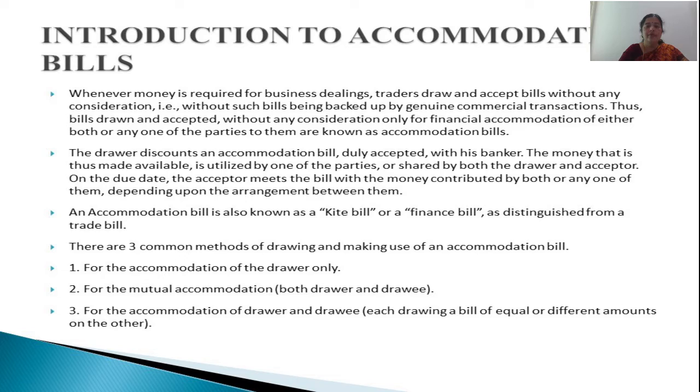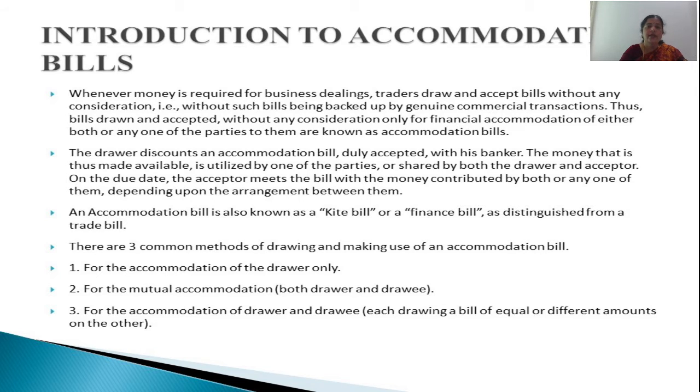So just before the due date, the drawer of the bill gives the amount of the bill, so that the drawee can settle the payment to the drawer's banker, because the drawer, as soon as it is accepted, will be discounting the bill with his banker, and the banker will be presenting this bill to the drawee for receiving payment.